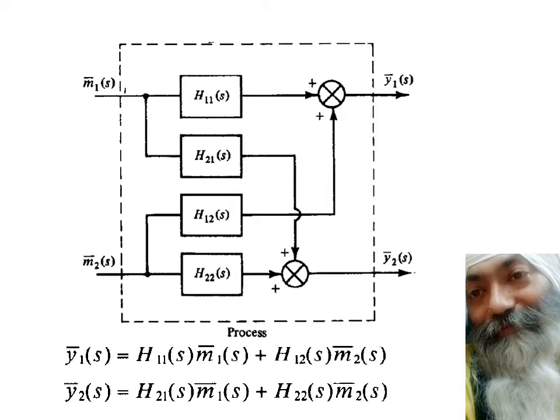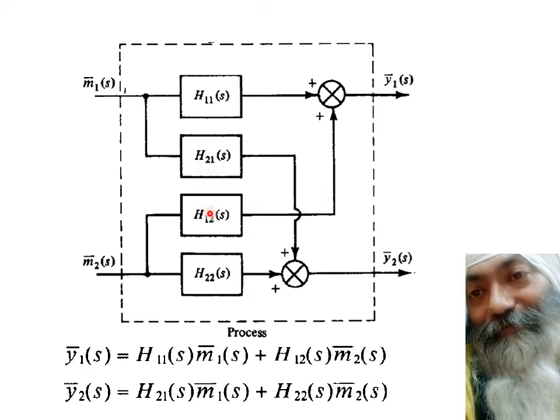So here we see that if we have two SISOs, in that case this M1 will be there, this Y1 will be there, this block will be here, M2 will be here, Y2 will be here, this block will be here. But these two blocks will not be there. These two are the interacting blocks.